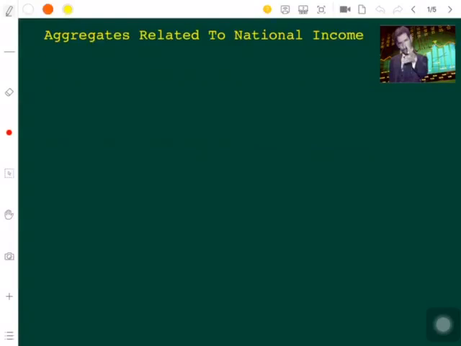So we can differentiate the two. Before we go with national income and related aggregates, we will come upon the term again.